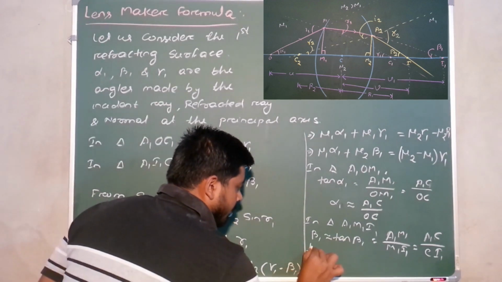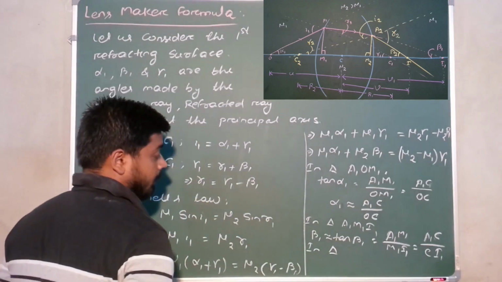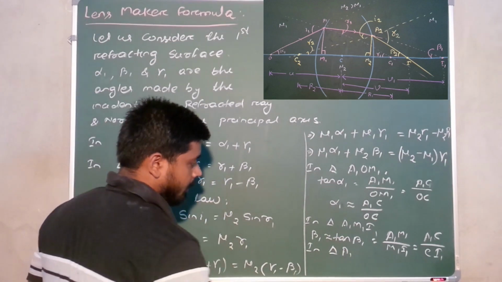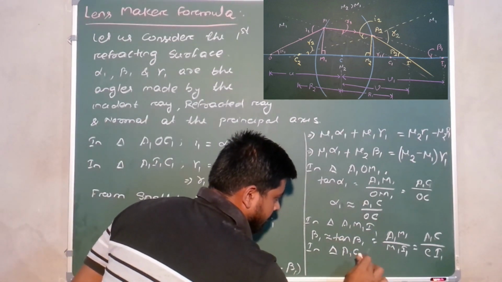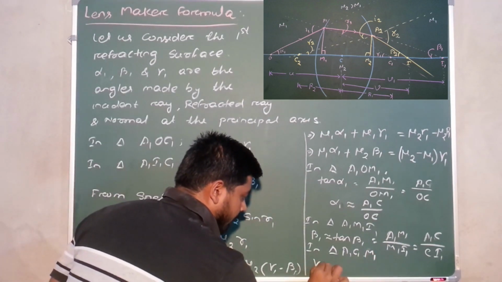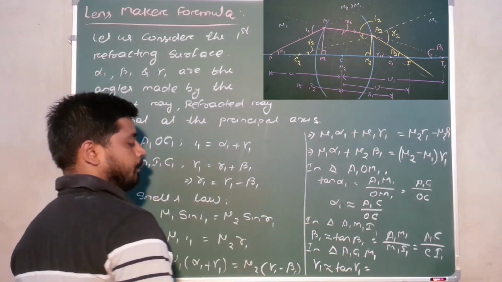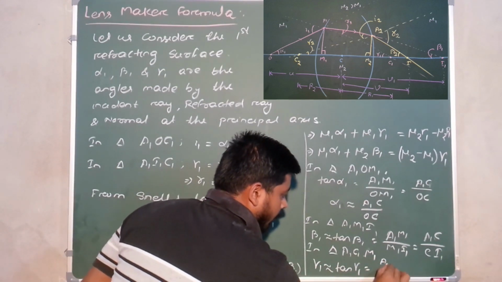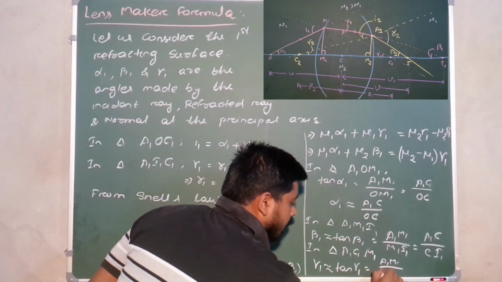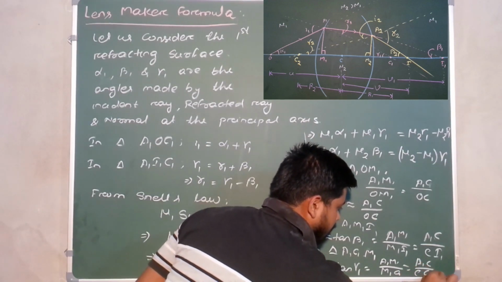Similarly, if we take the triangle A1 C1 M1, then you got gamma 1, which is nearly equal to tan gamma 1 equal to A1 M1 by M1 C1, or you can write A1C by CC1.